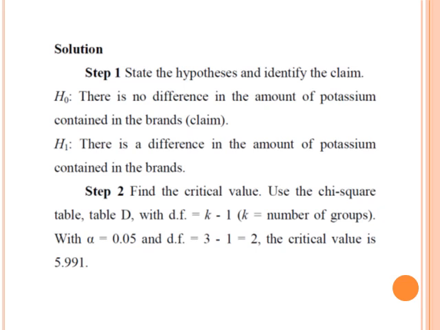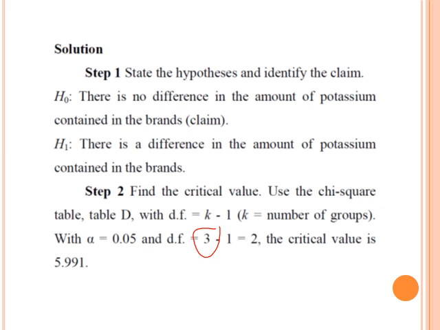The second step is finding the critical value. Here we will use the chi-square test, as mentioned before, and the table in the appendix of your book, Table D, with degrees of freedom k minus 1, where k is the number of groups. How many groups do we have in this example? We have 3 brands, so 3 groups.